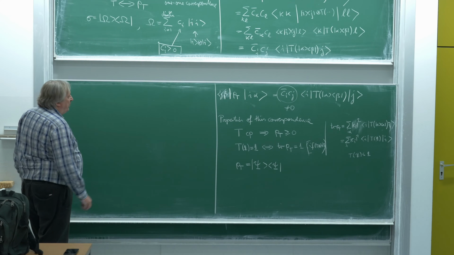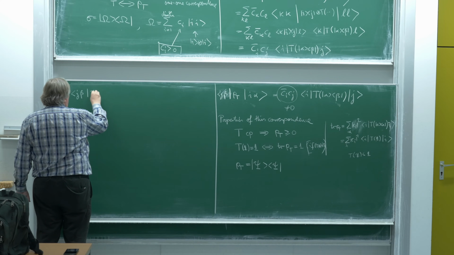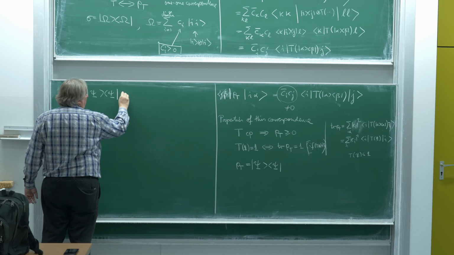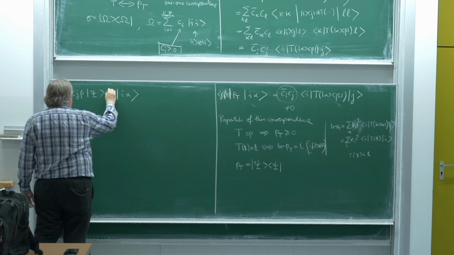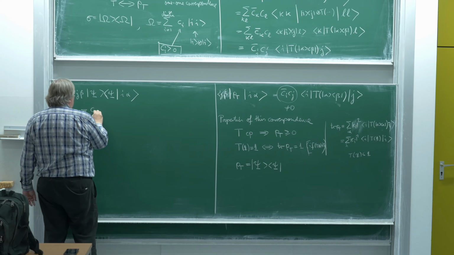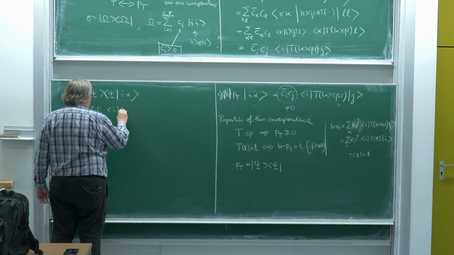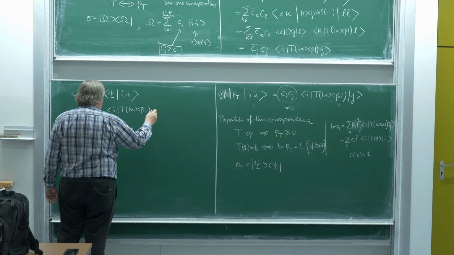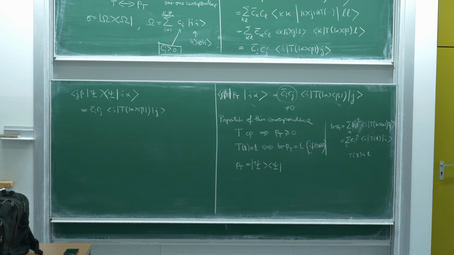So then I get ⟨j, beta| psi ⟩ ⟨i alpha|. Let's make nice brackets here. So this would be C_i bar C_j T of alpha beta, i, j.